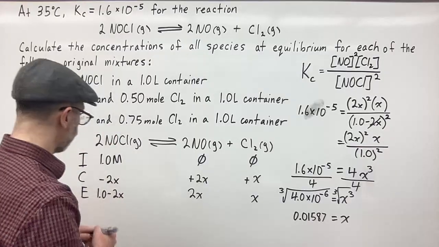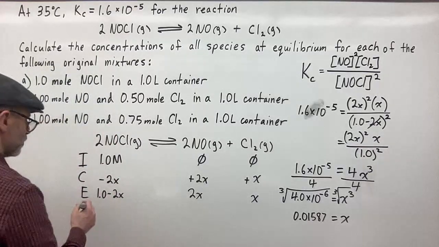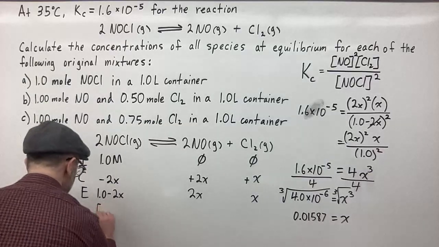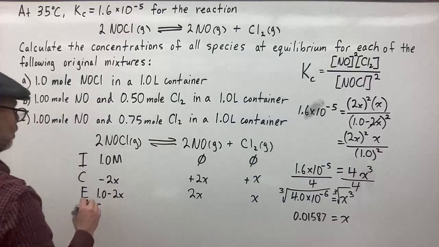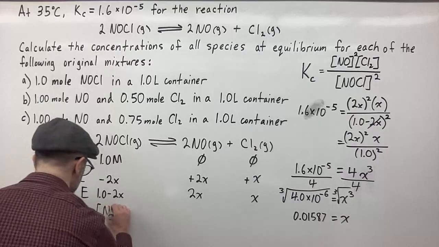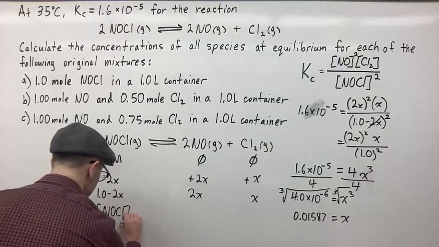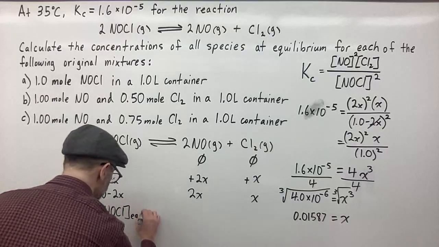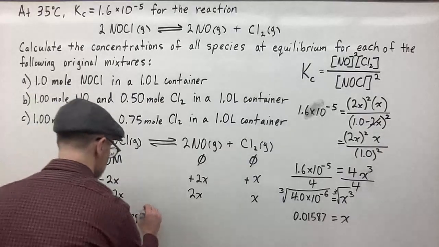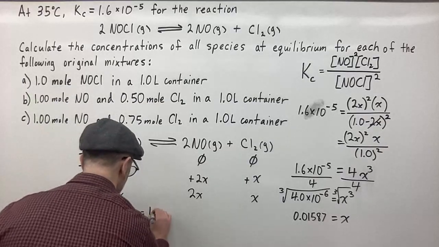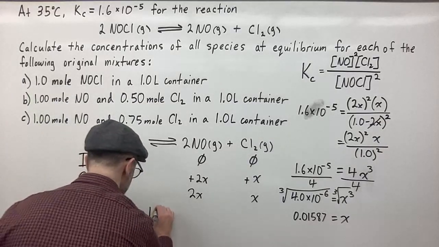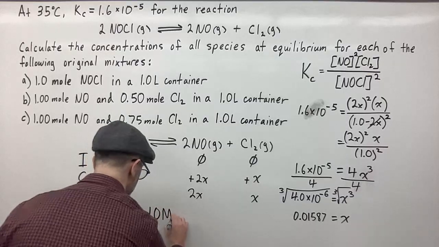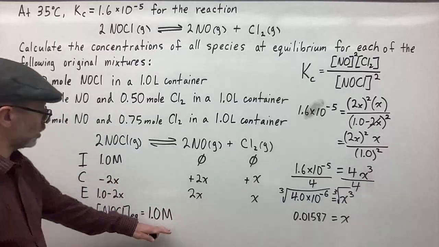So according to our assumption, the concentration of NaCl at equilibrium should be the same as the concentration that we initially started with. So that should be 1.0 molar.